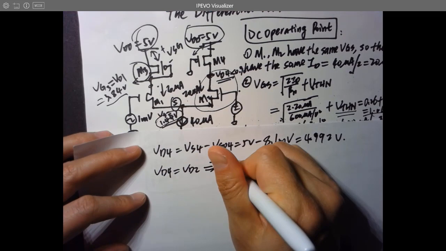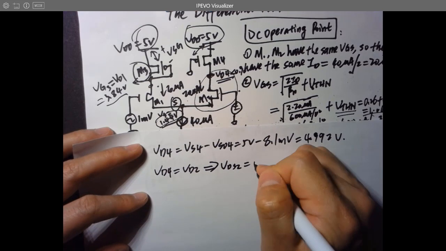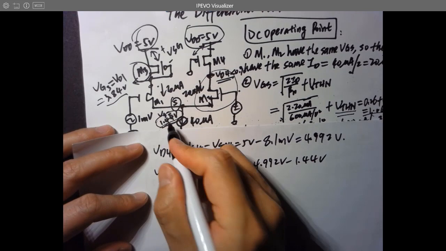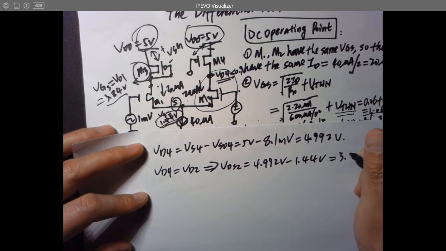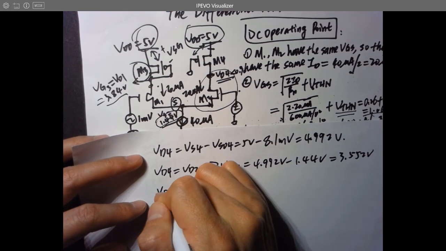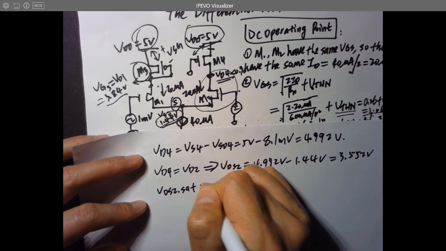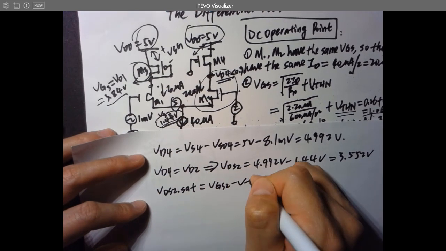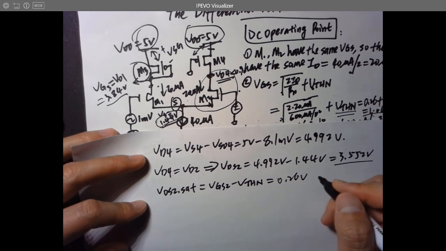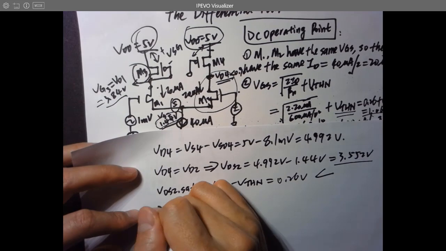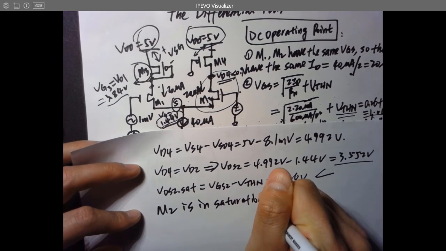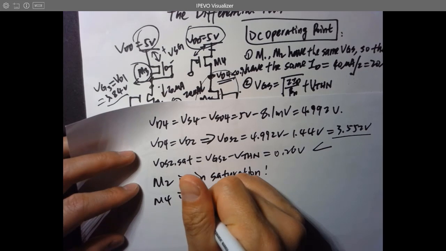So VDS2 equals 4.992 volts minus 1.44 volts, which is 3.552 volts. And you also know that VDS,sat is only VGS2 minus VTHN, which is 0.26 volts. Apparently this is larger than that, so M2 is in saturation, and M4 is in triode.